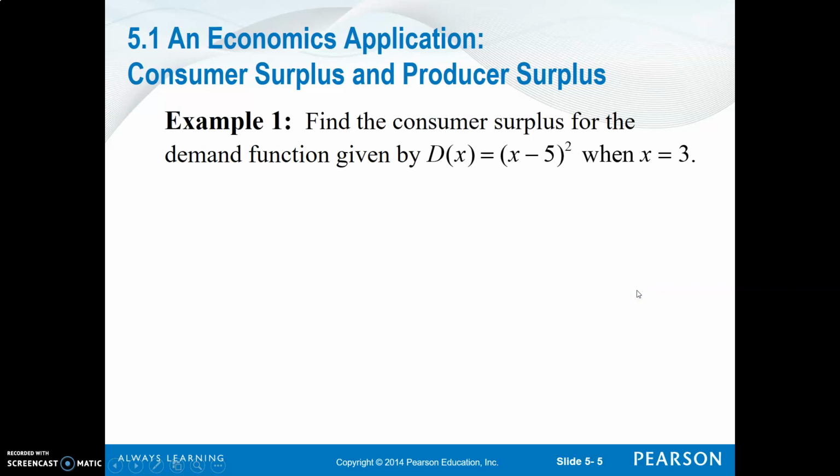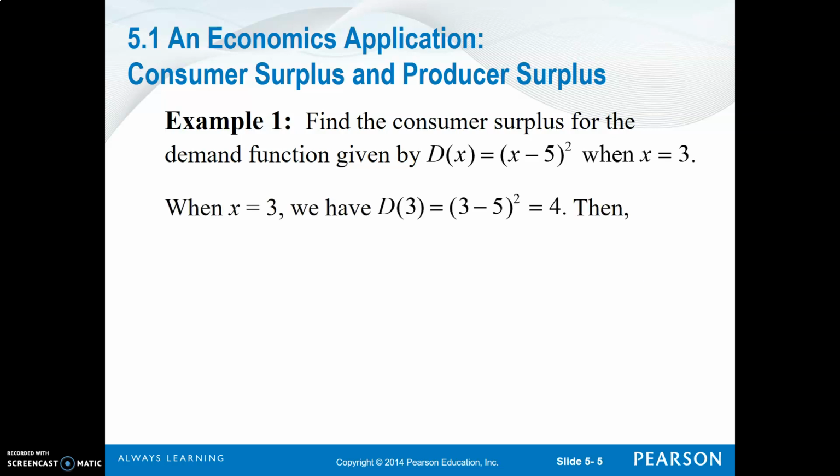So I have a demand function, very simple, (x − 5)², which is decreasing up to a certain point. So I'm going to say I buy a quantity of 3 particular units of whatever this demand function is for. So the first thing I want to do is figure out what the demand would be for 3. So I plug that into my function and I get out 4.